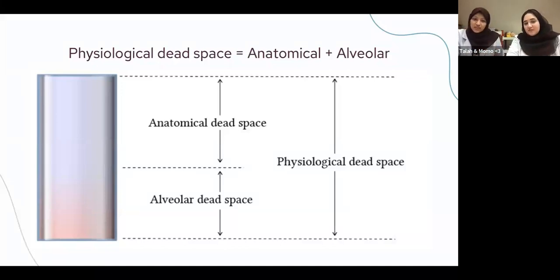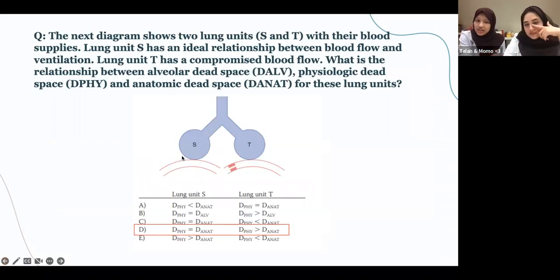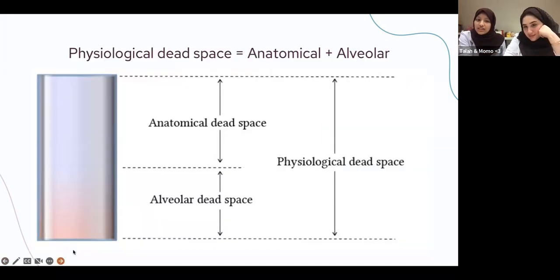So if you have no alveolar dead space, which means no problem with the blood supply, for example in unit S, the physiological would be the same as the anatomical. This one would be equal to this because there is no alveolar dead space. Did you get me?